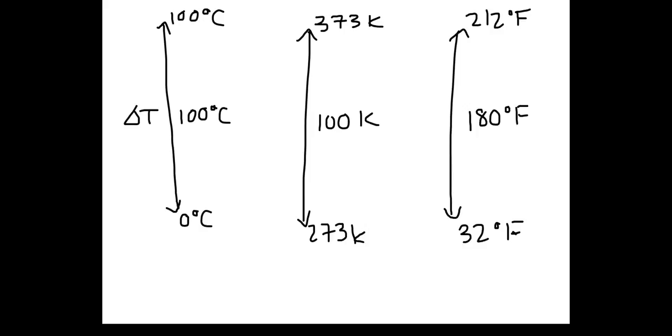So, delta T, if you convert in Celsius and Kelvin, the delta T between 2 temperatures or 2 levels on a thermometer will be the same number of Kelvin or degrees Celsius. However, if you travel up the same amount on a thermometer in Fahrenheit, the number will be bigger because they're smaller steps. Okay?